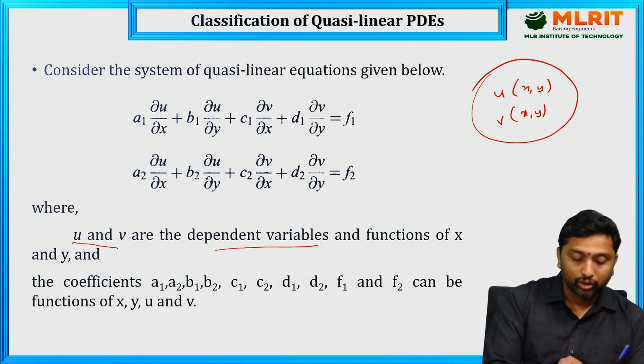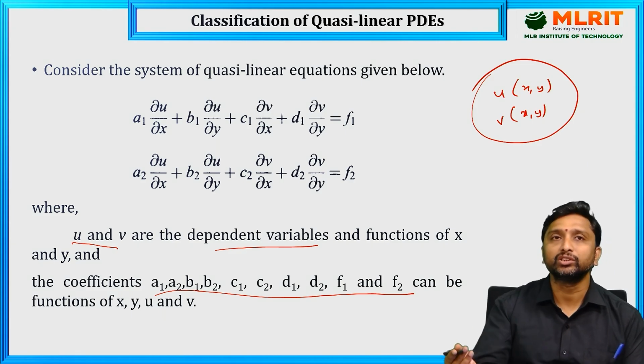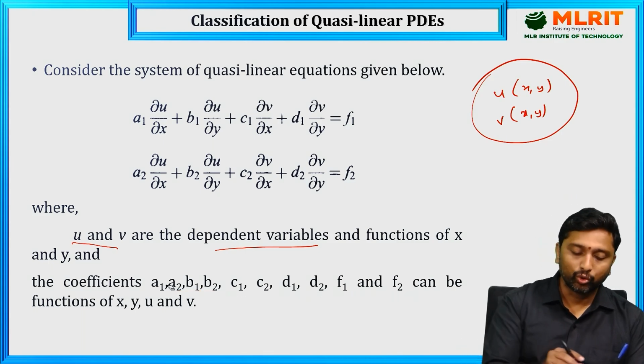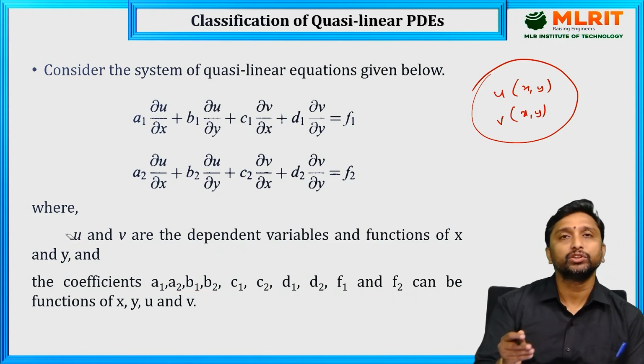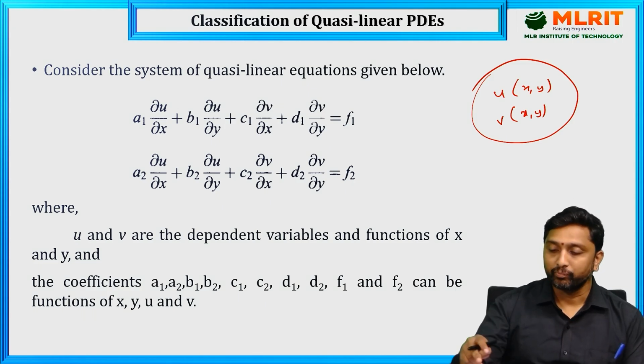And a, b, c, d and f are coefficients which may or may not be functions of x, y and u, v. These are simple coefficients which can be functions of x comma y or u and v, any of them.